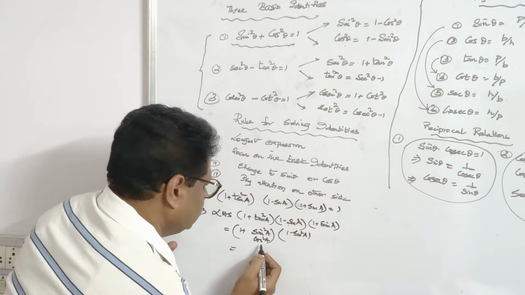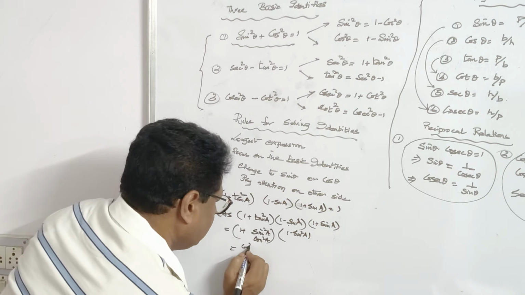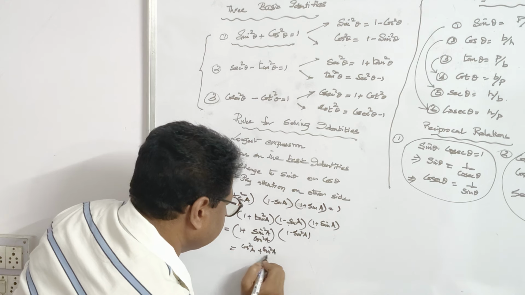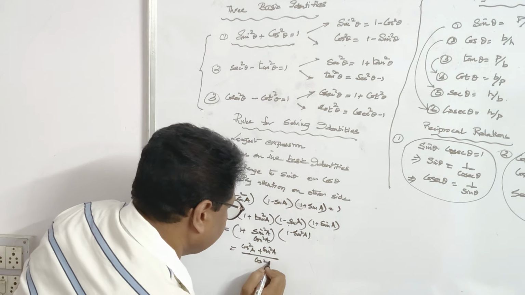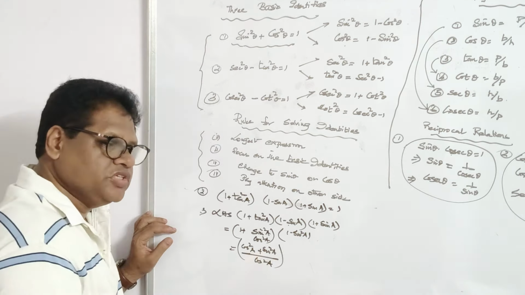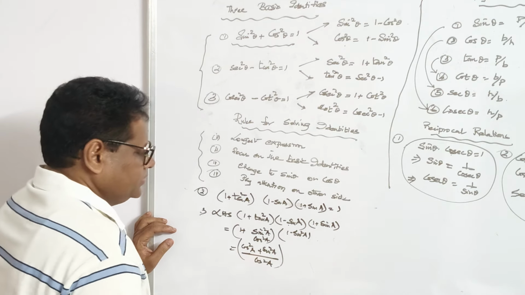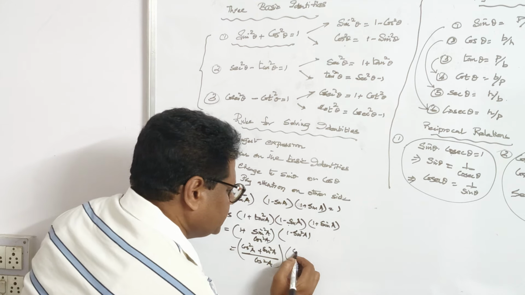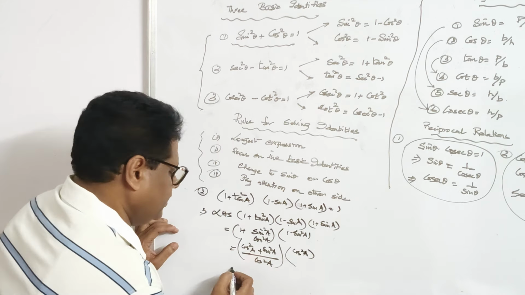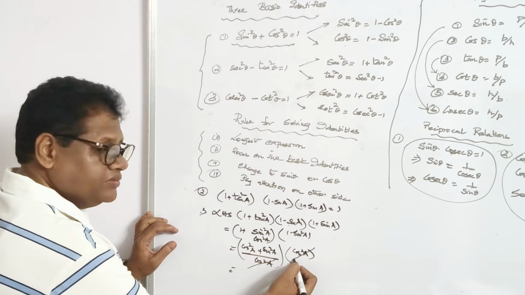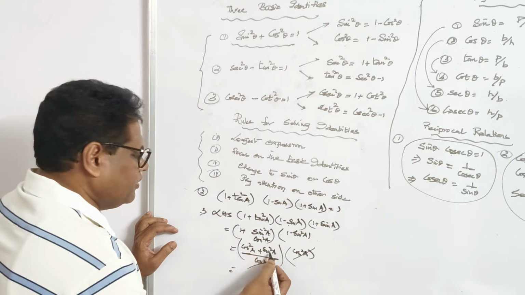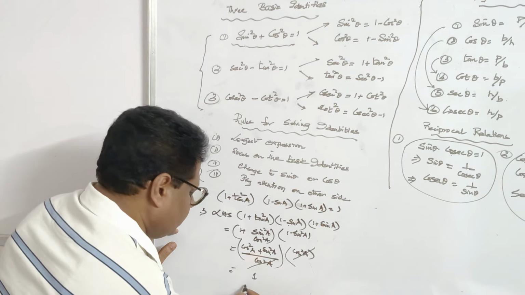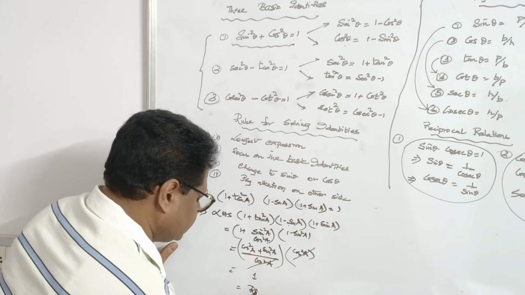On taking LCM, we have (cos square A plus sin square A) by cos square A. This is the simplified expression for the bracket. And 1 - sin square A, you know it is cos square A. So these two get cancelled. What is left? Sin square A plus cos square A. What is that? 1. So this is equal to 1, equal to RHS.